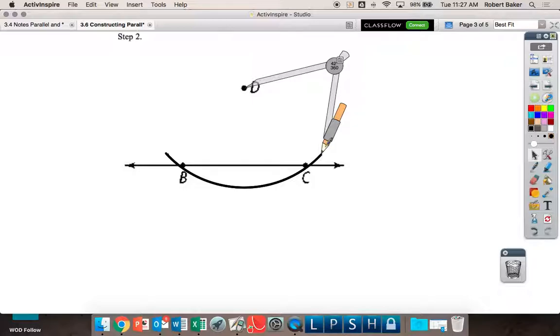Okay? So this creates your 2 working points. Now you have one more step and you're done. One more step. The little swingy things.